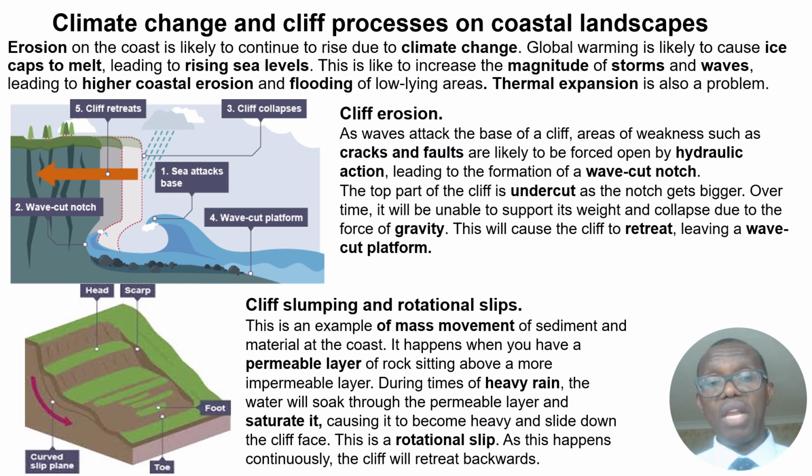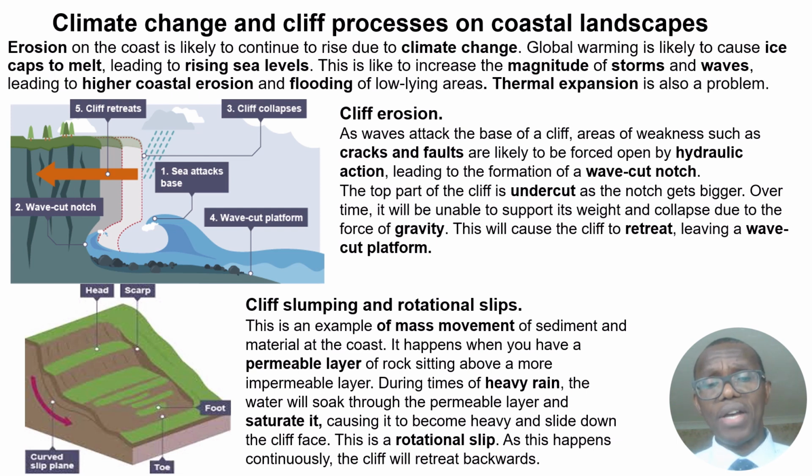Rising sea levels will mean that we are going to have bigger storms and bigger waves, which cause a lot more erosion and are likely to lead to flooding of low-lying areas. We also have thermal expansion, which is likely to be a problem because as temperatures rise, the seawater is likely to expand, and that is also likely to lead to bigger storms.